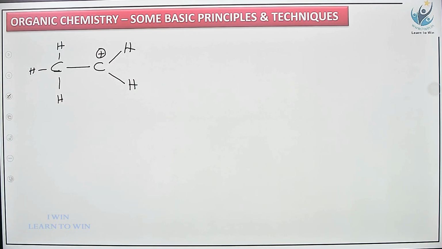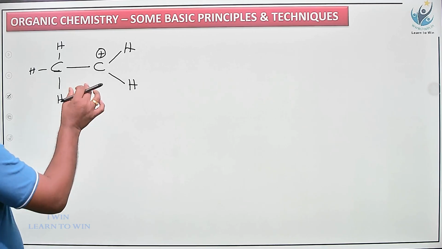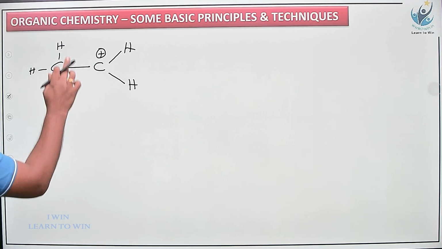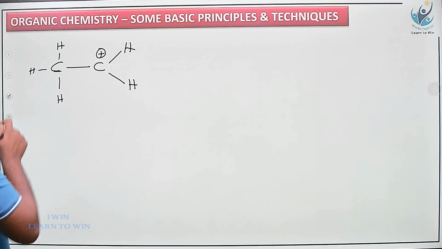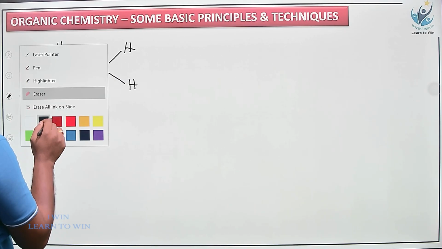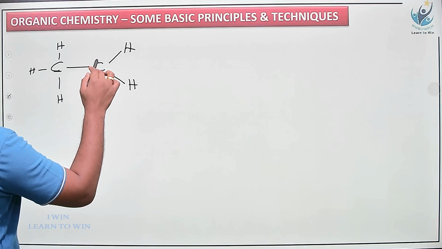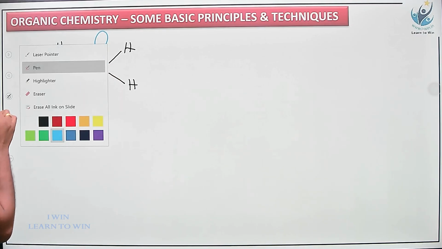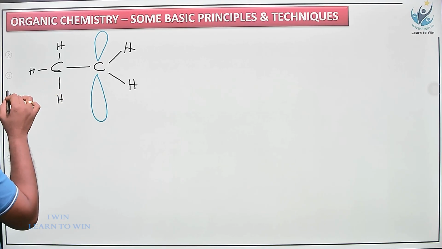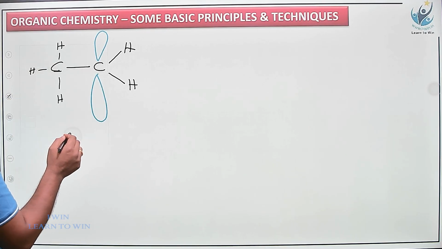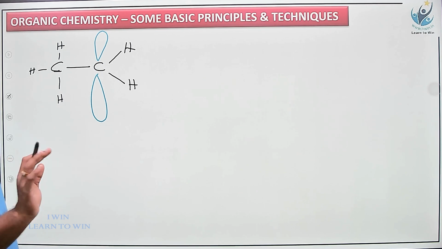Now this becomes the alpha carbon, and this is the alpha hydrogen. Now here we are having what? Being a carbocation, it has a vacant orbital. So in this case, hyperconjugation can happen.